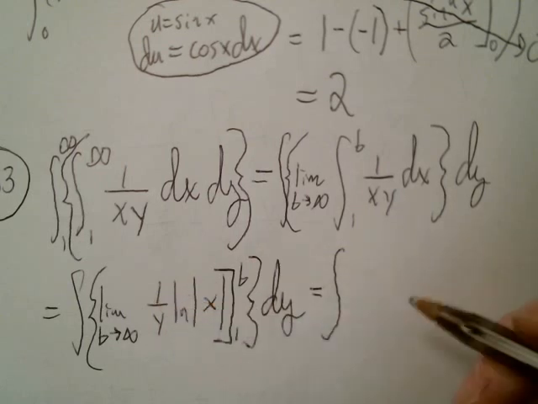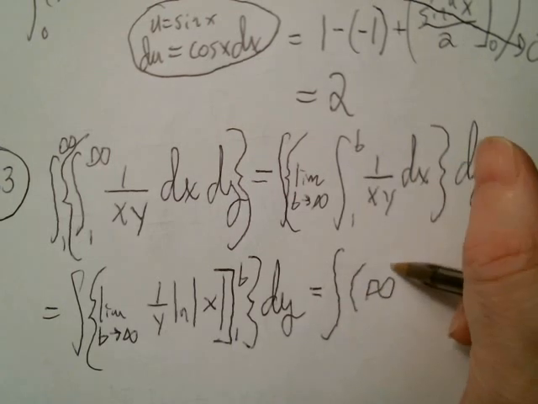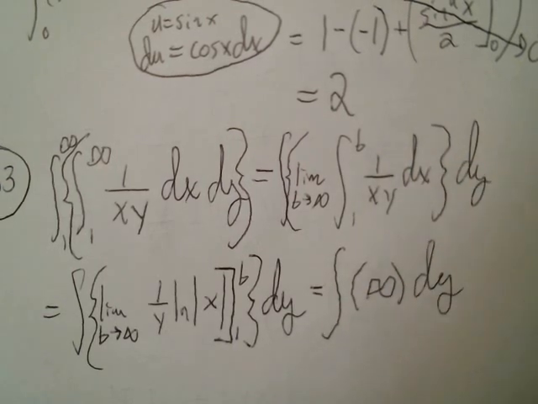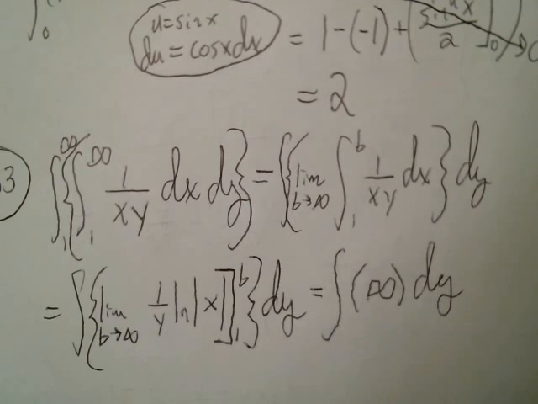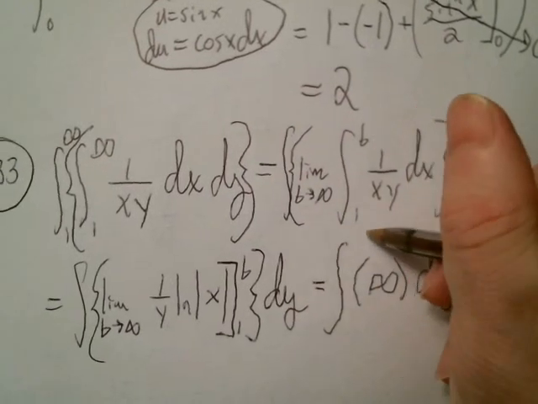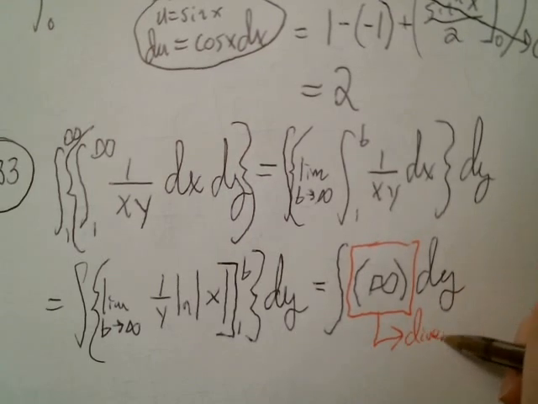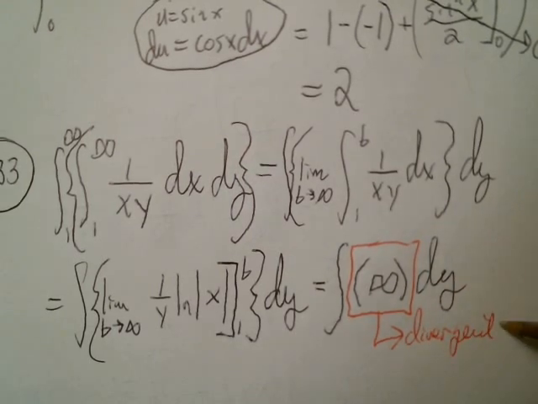And so this part of the integral will be infinity. And as soon as you get some sort of infinity floating around, you're done. Call it divergent, and that'll be the end of the story. So this right here will imply divergent, and stop.